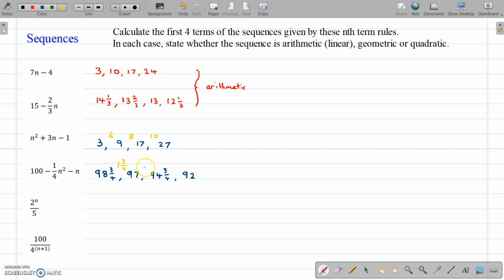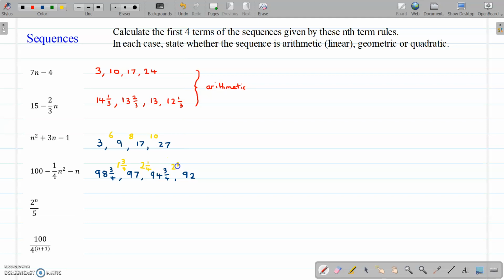Then we go to here and we see that the difference is now 2 1/4, between 97 and 94 3/4. And the difference between the next two is from 94 3/4 to 92. There's a gap there of 2 3/4.